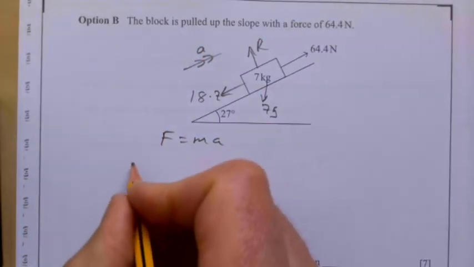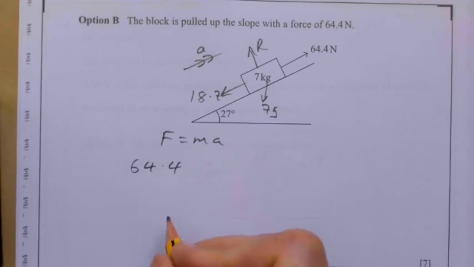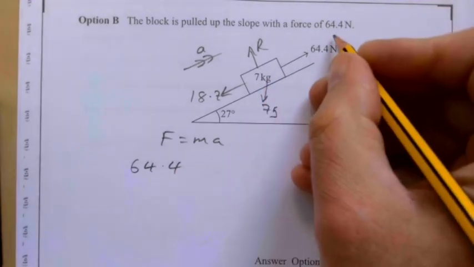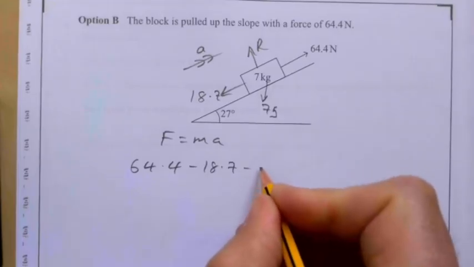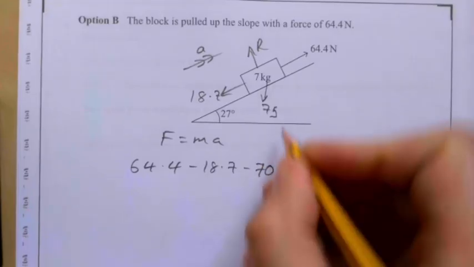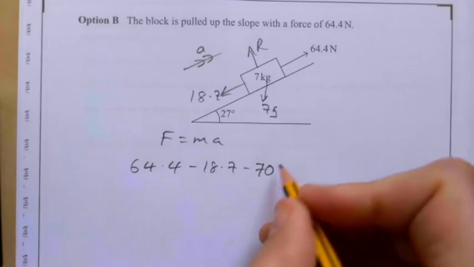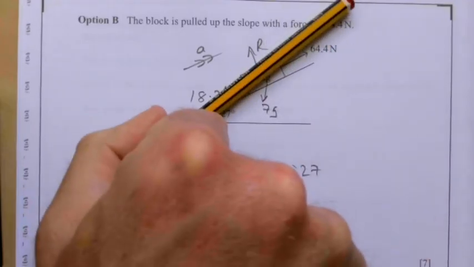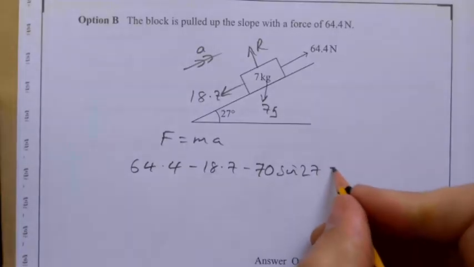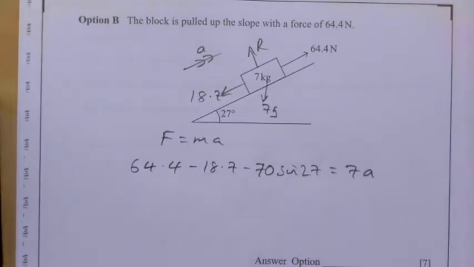So we have 64.4, that's the force going that way, take away 18.7, take away 7g, which is 70 sine 27, because that's me resolving this one down the slope, equals 7a.